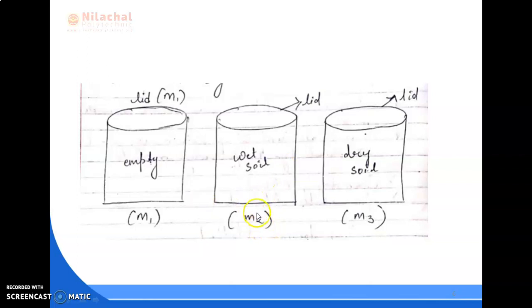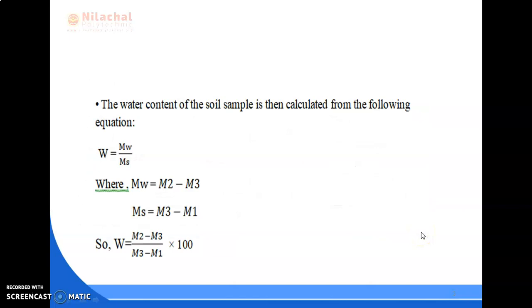We have to note down its value. Already I have discussed this in the previous slide. The third figure shows the container with its lid. After oven drying the soil is dry, so M3 is the weight of container plus lid plus dry soil.